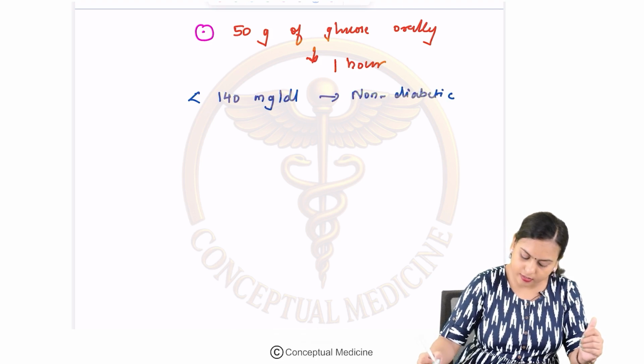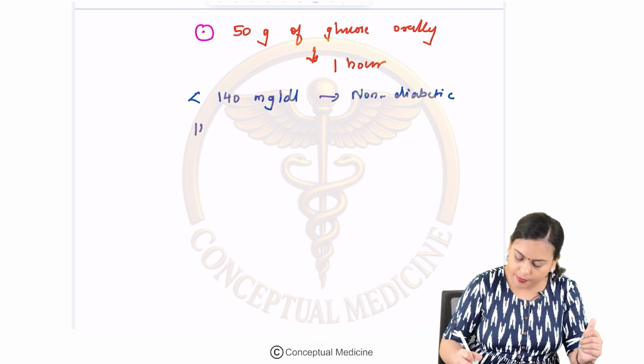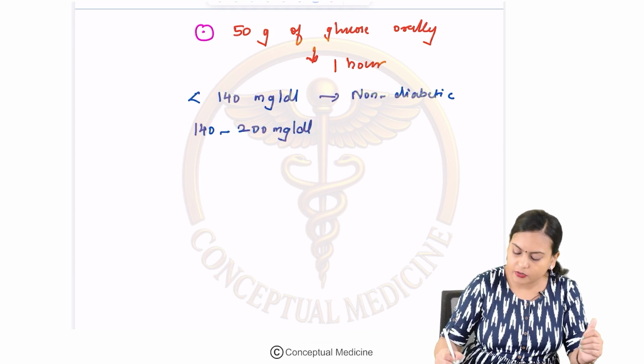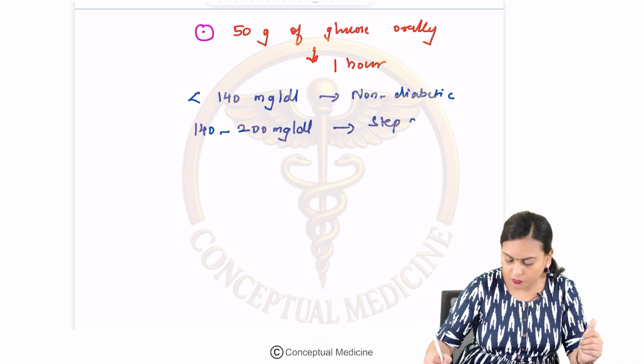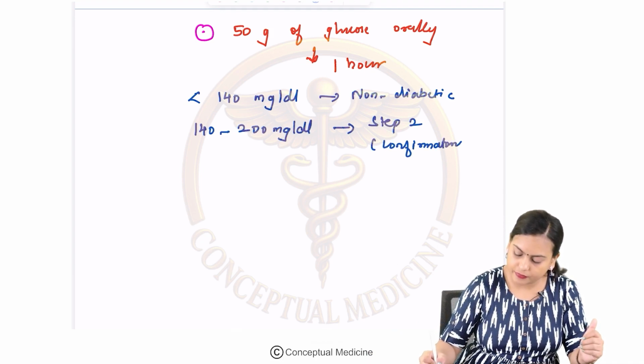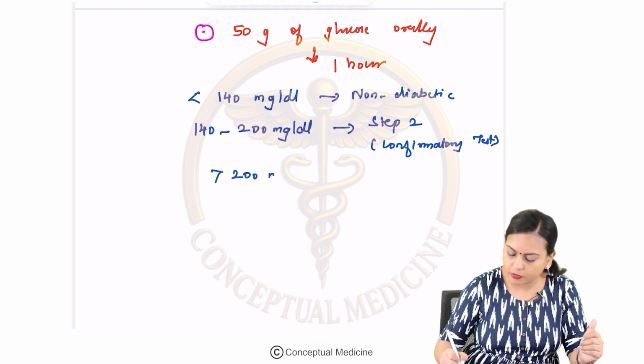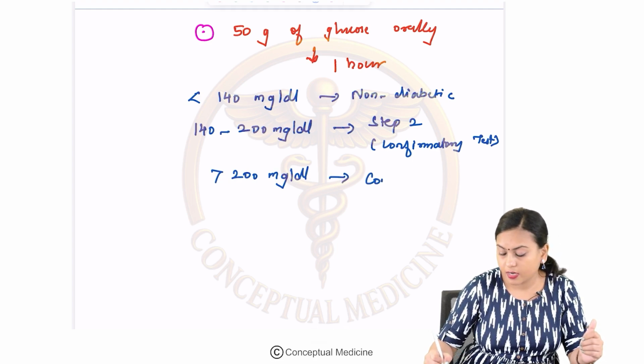If it is between 140 to 200 milligram per deciliter, you have to offer her the confirmatory test, that is step 2. And when sugar levels are more than 200 milligram per deciliter, she is a confirmed case of GDM.